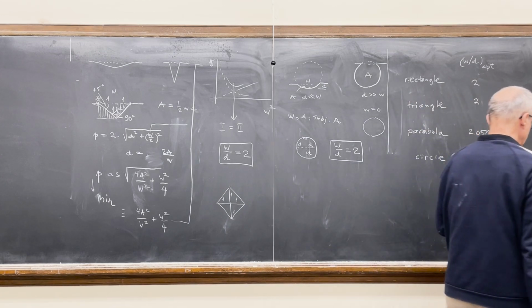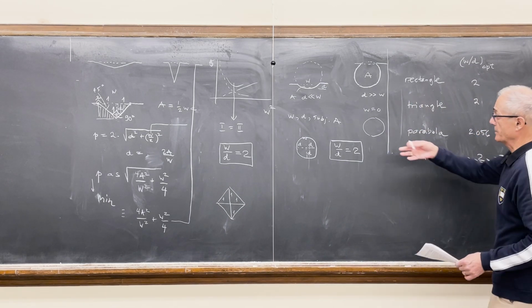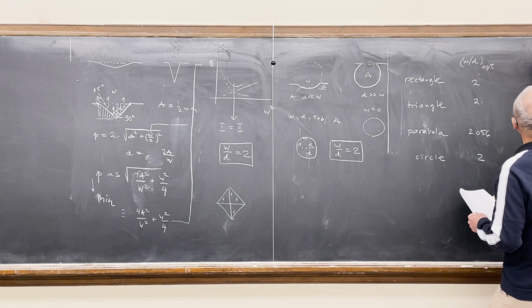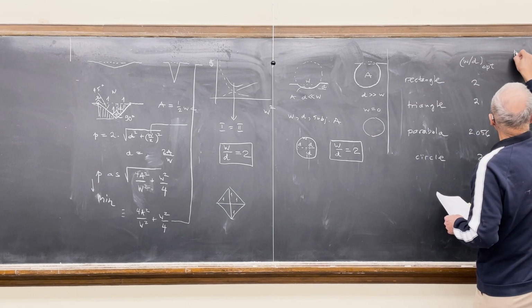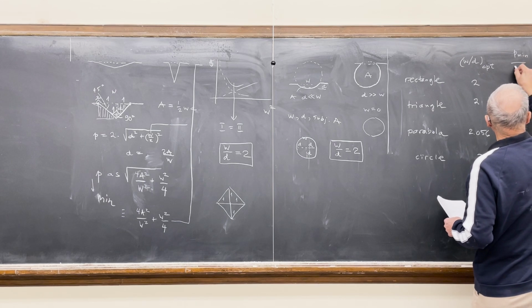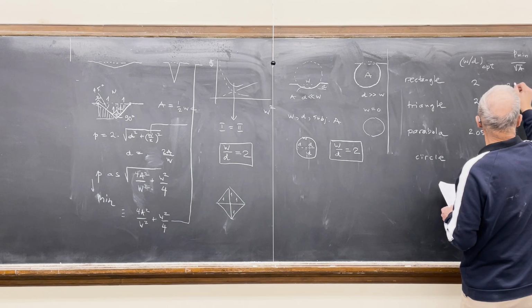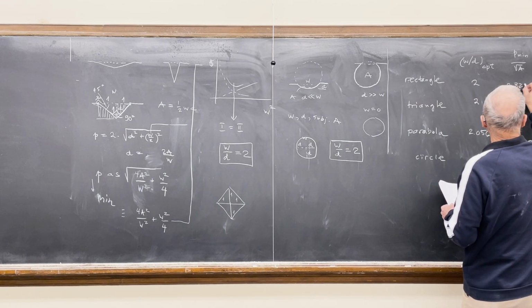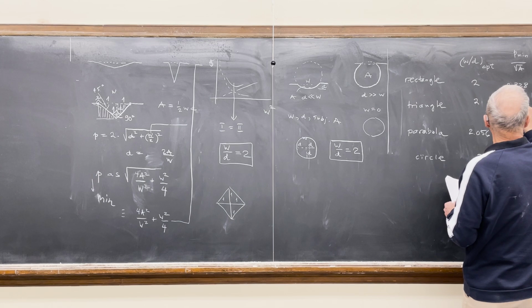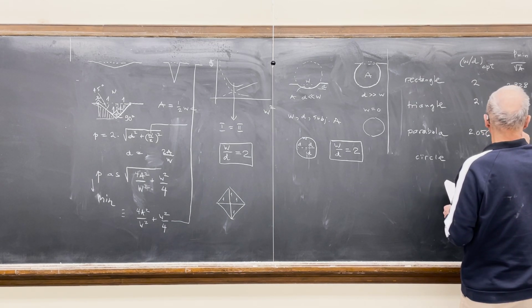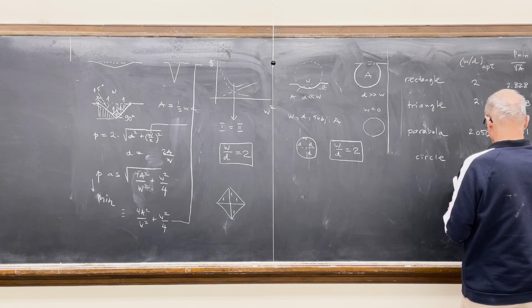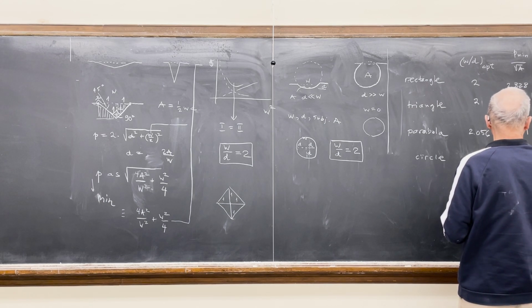And then the dimensionless figure of merit is this minimized wetted perimeter, which dimensionless is P minimum divided by square root of A. And that number turned out to be 2.828. Same here, 2.828. And then 2.561. And 2.507.